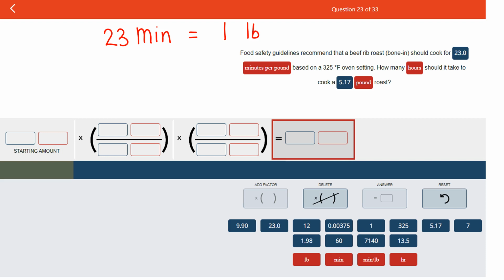So for every 23 minutes that passes, we can cook 1 pound of meat. So my given, where I'm starting, is right here at 5.17 pounds.